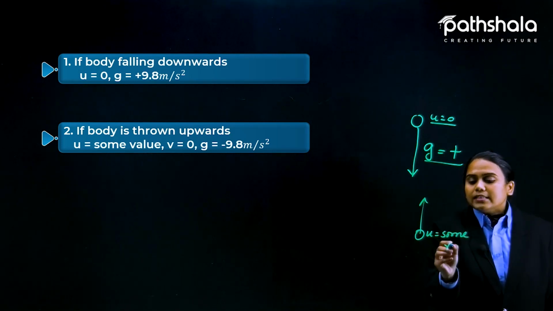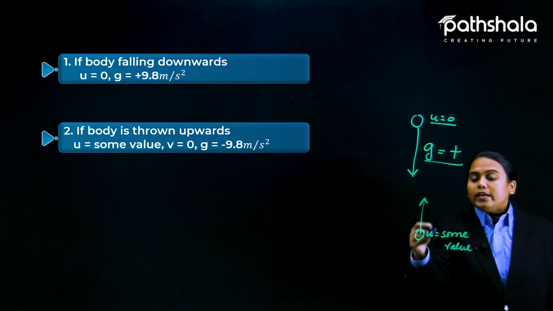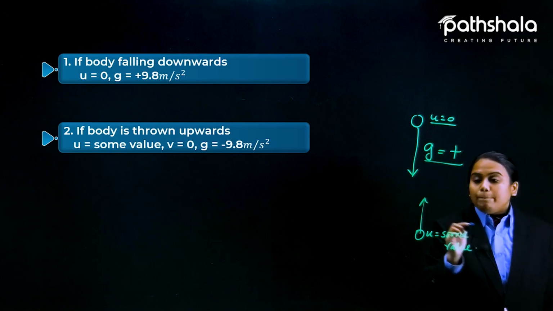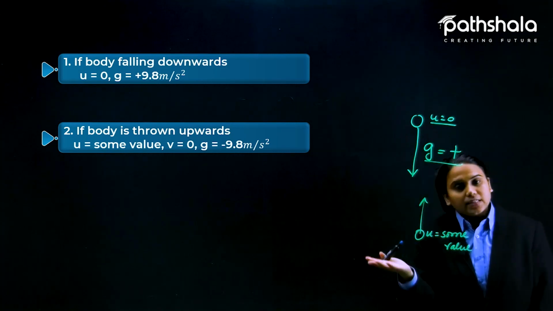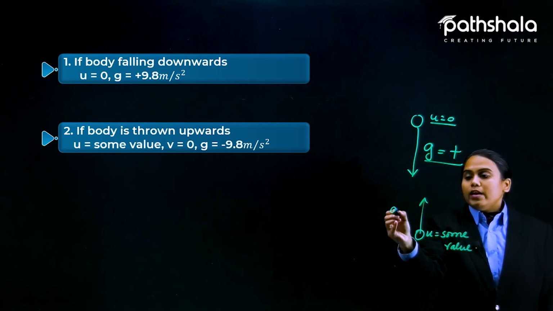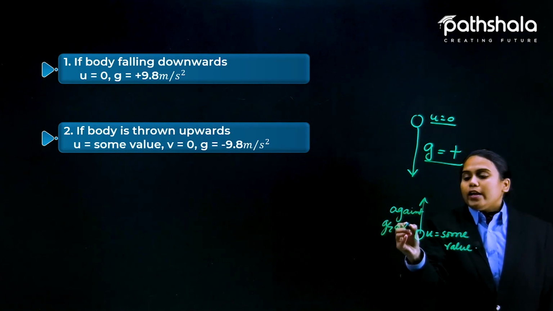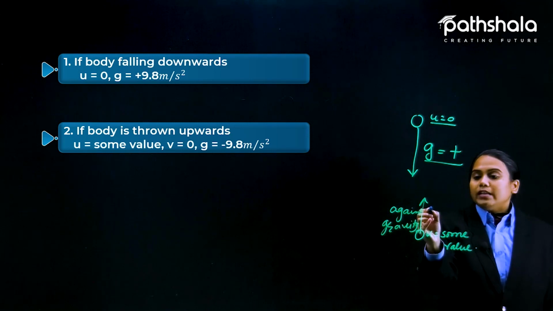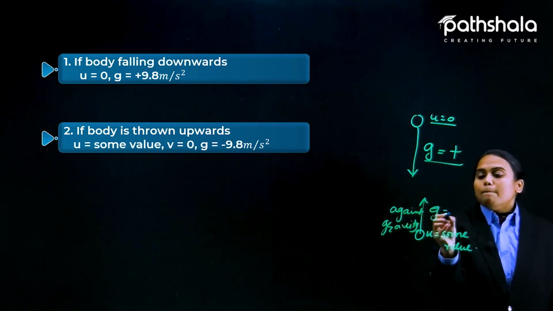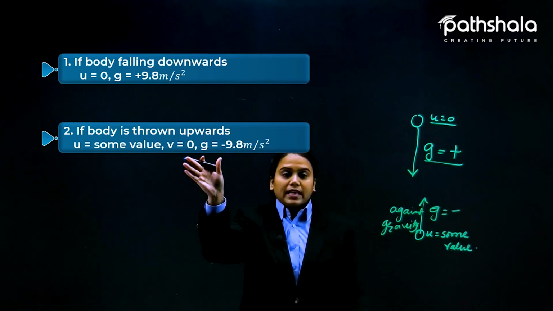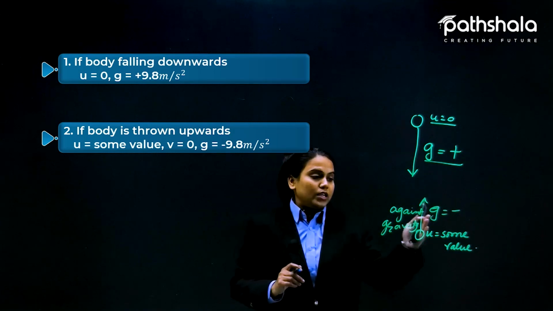That value gives it the reason to move upward, but because it is moving against the gravity pull, in this case we take g as negative. So minus 9.8 meter per second square would be the value for g here.